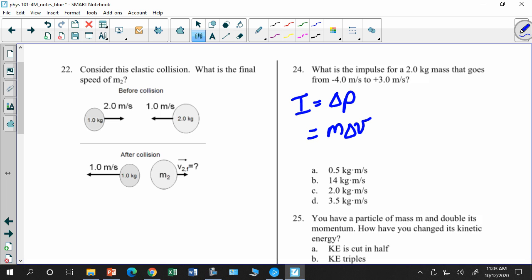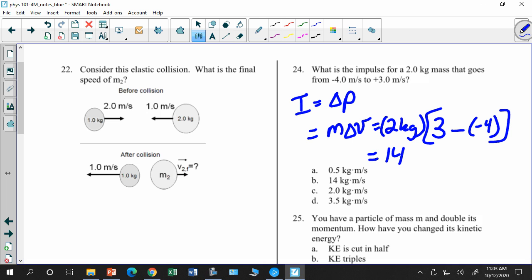Usually it's the speed that changes, not the mass. That doesn't always happen. This is 2 kilograms times v final minus v initial. That's going to be 3 minus -4, or 2 times 7, or 14. All right?